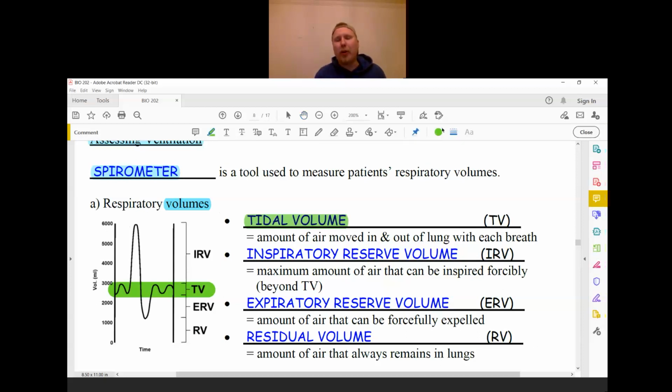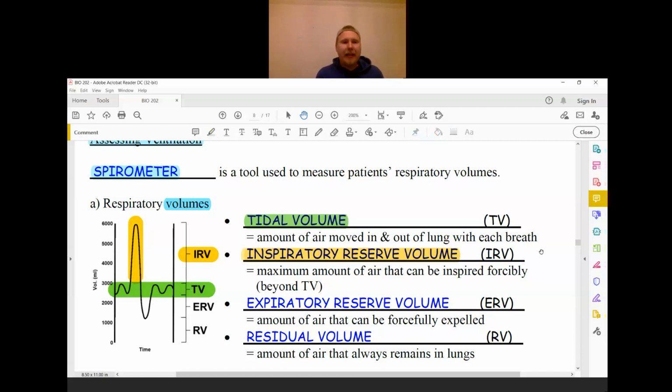The next volume is the IRV, which stands for inspiratory reserve volume. This is the maximum amount of air that we can breathe in, inspire, with extra energy, in addition to the tidal volume.